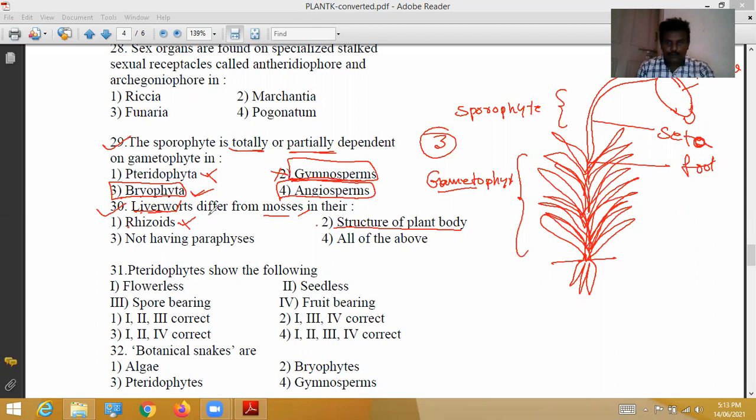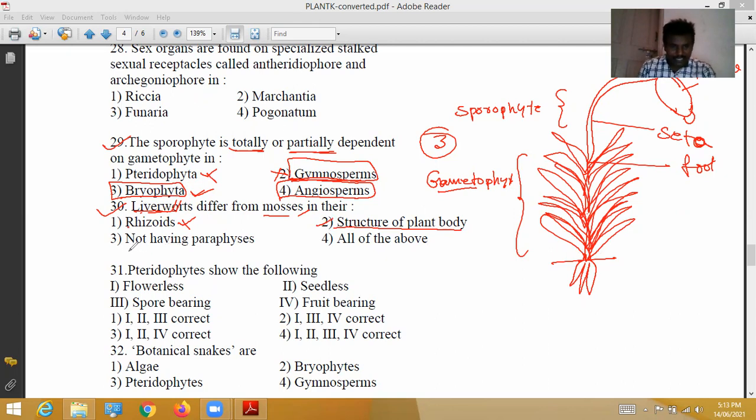Some members of the liverwort group may have tiny leaf-like structures arranged in two rows on the stem-like structure. But in mosses it is different. So the second is also correct.